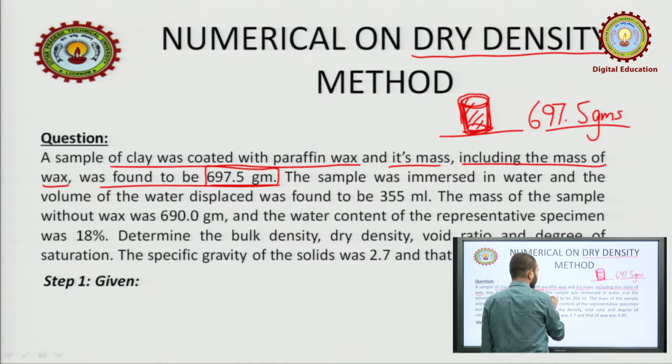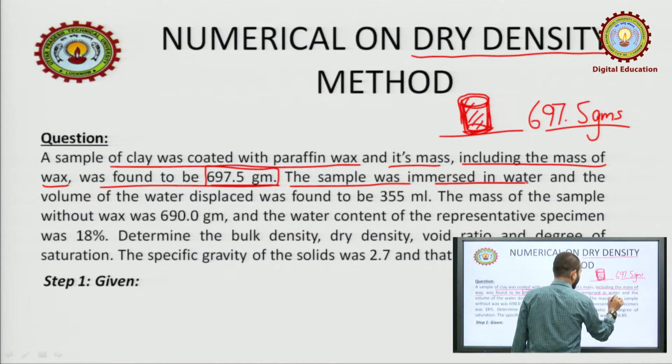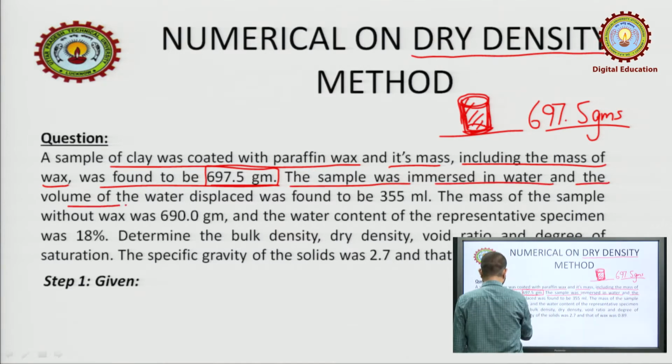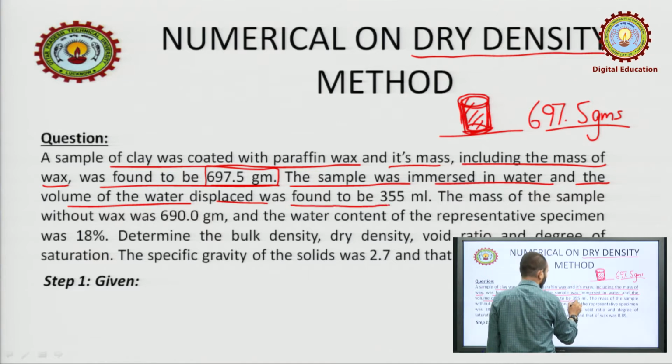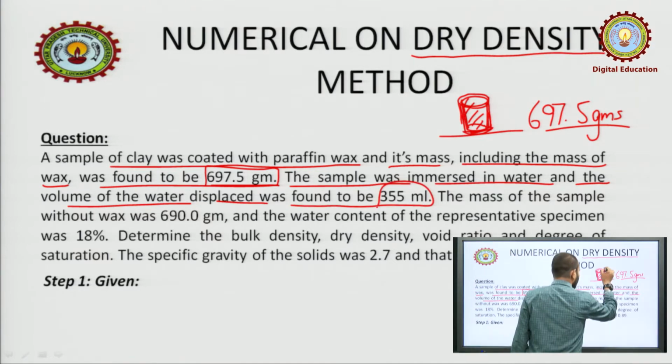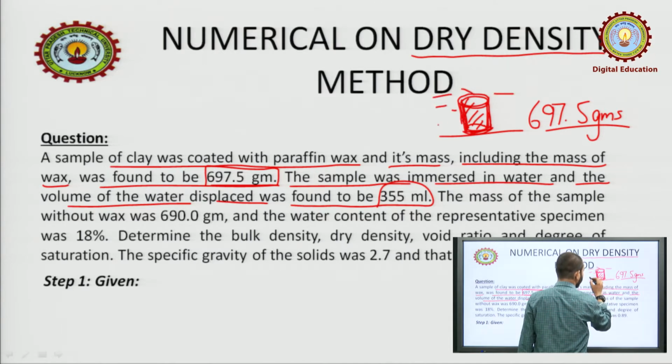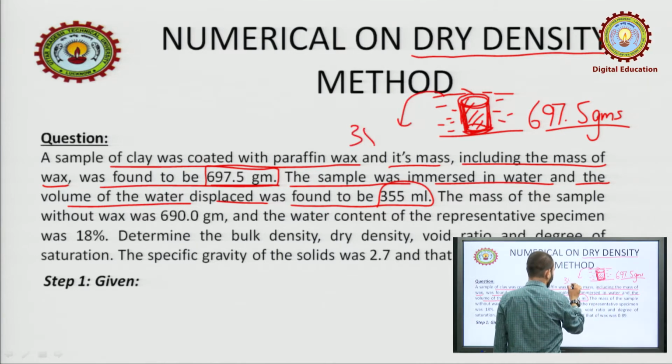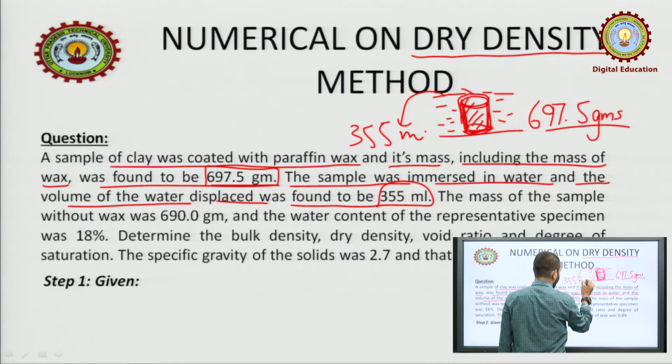Then the sample was immersed in water and the volume of water displaced was found to be 355 ml. What does this mean? This whole paraffin waxed soil is immersed into liquid. Now how much water does it displace? 355 ml.